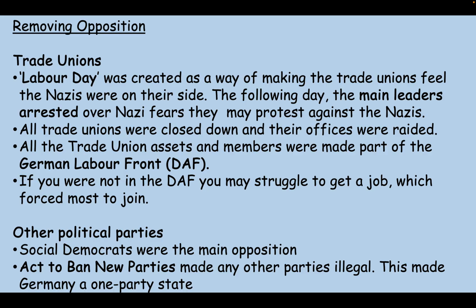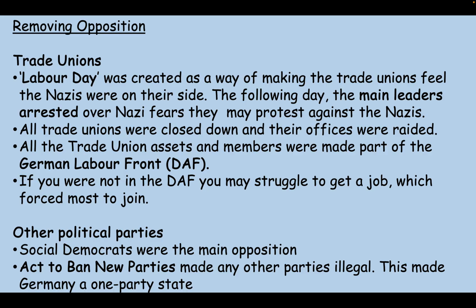So they fool the trade unions into thinking that they are supporting them, that the Nazis are supporting the trade unions. But actually what they do is they use the Labour Day as an opportunity to raid the offices, to seize their assets and to close them down. All of the assets, all of the things that the trade unions owned were taken by the Nazis and were put under a group called the German Labour Front, the DAF.